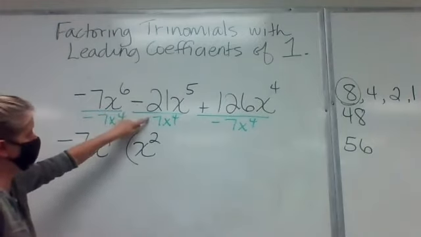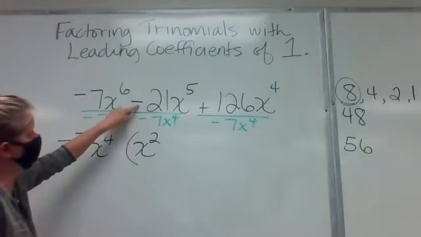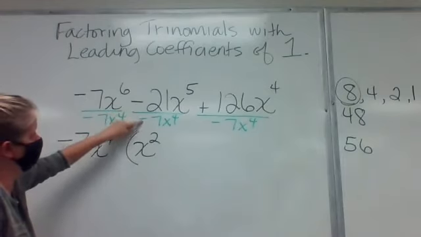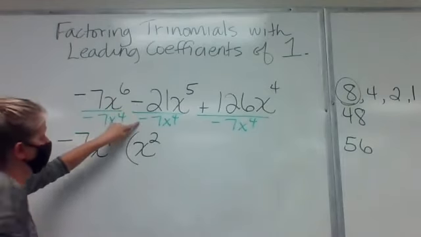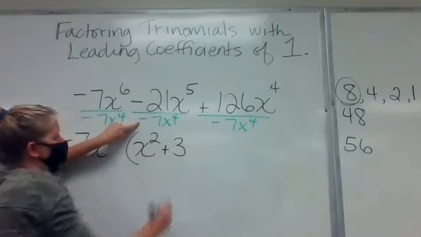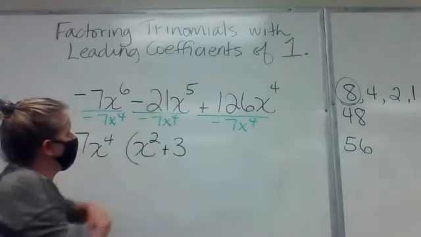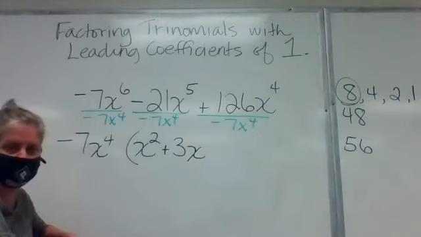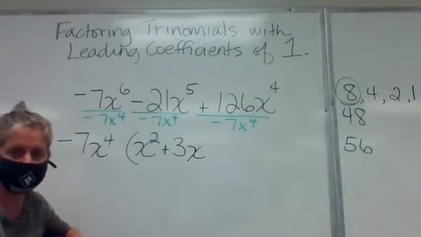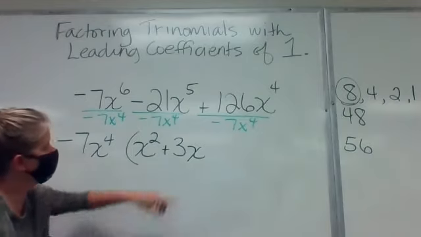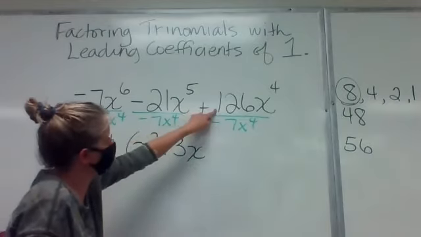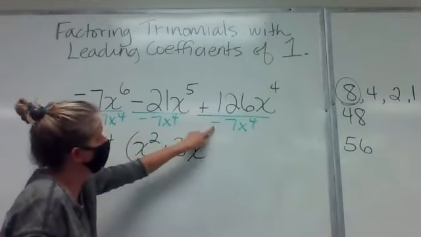Here. Watch your signs. What's negative 21? What's this negative over a negative turn it into? Negative 21 divided by negative 7 turns it into positive 3. I had x5. I pulled out x4, which means I'm just left with x. Last one. Positive 126 divided by negative 7.